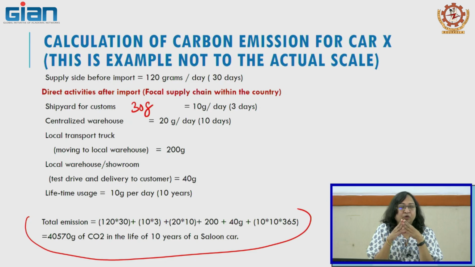If you have a Toyota, Avensis, Camry, any saloon car, is this a high number or not? 40,570 grams for 10 years. Actually, it is not a high number. If you divide it for every year, the count is not very high.